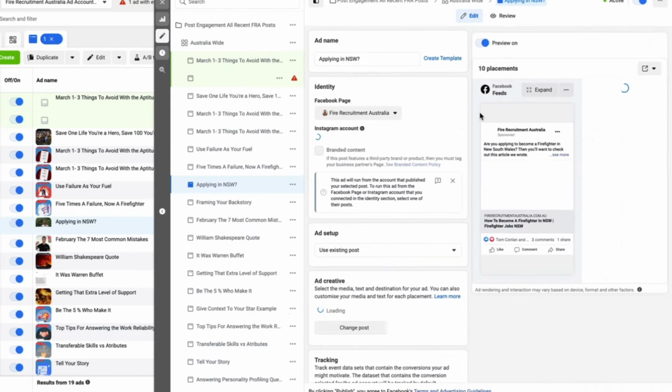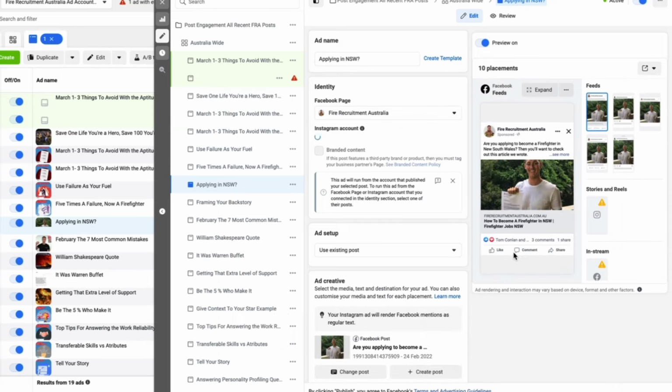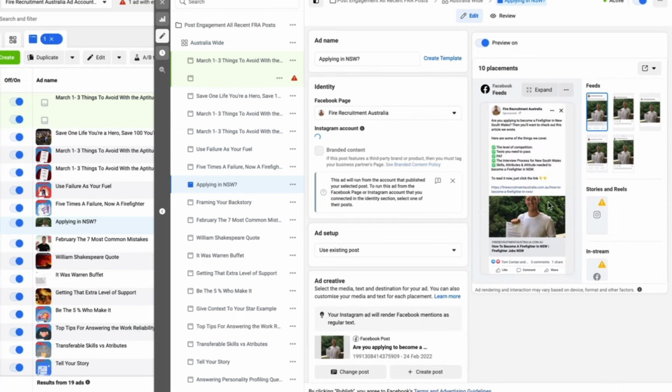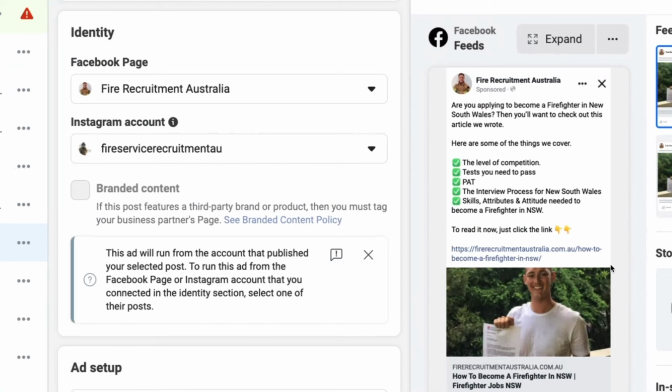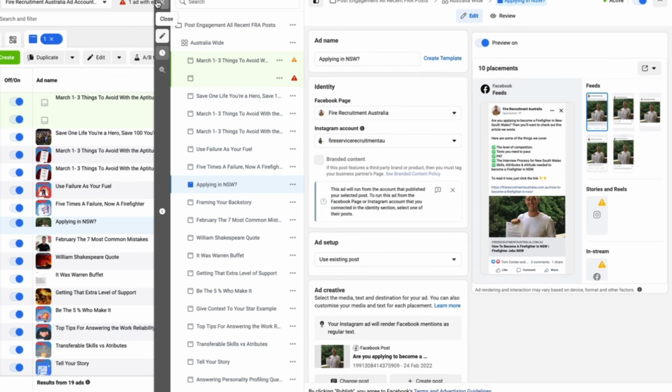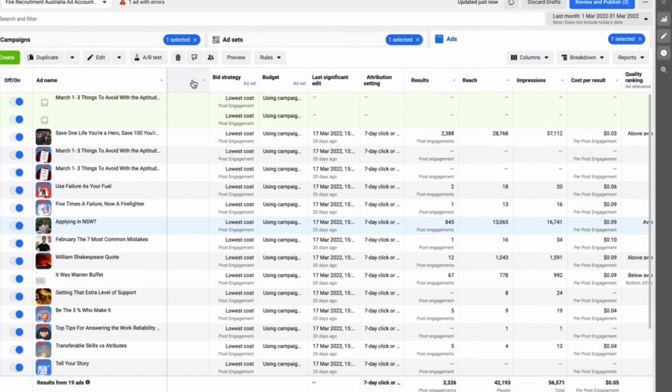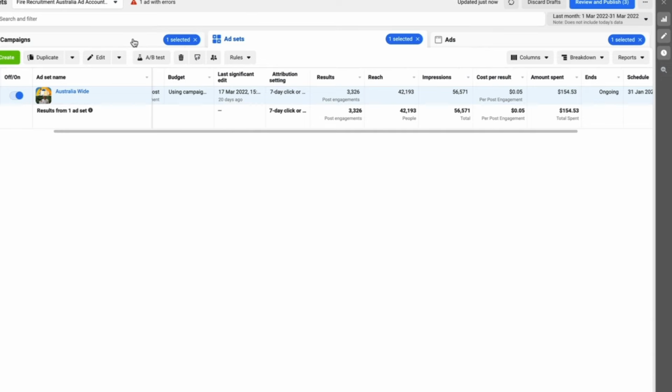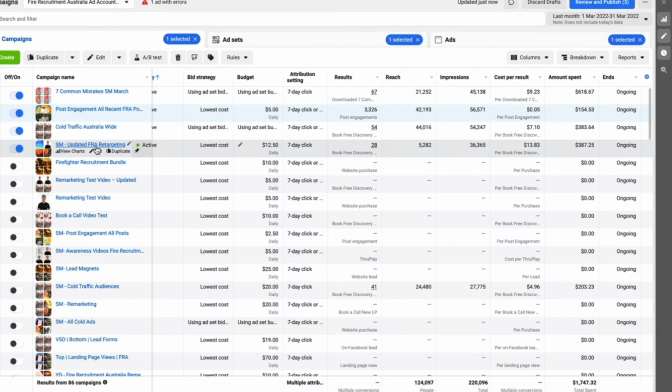As you can see here, the most successful engagement that we've had is just a post on how to become a firefighter in New South Wales, and overall it's been one of the most successful ones so far, 845 post engagements.